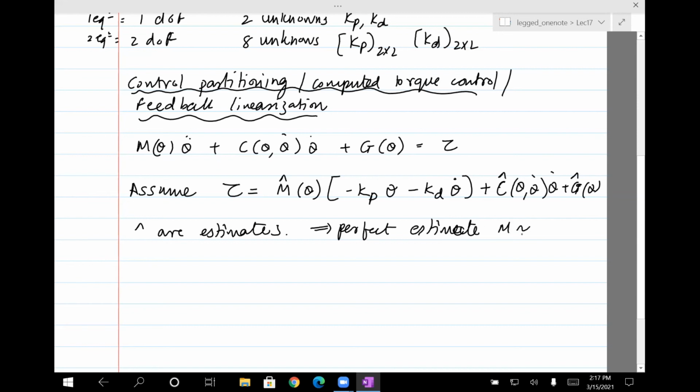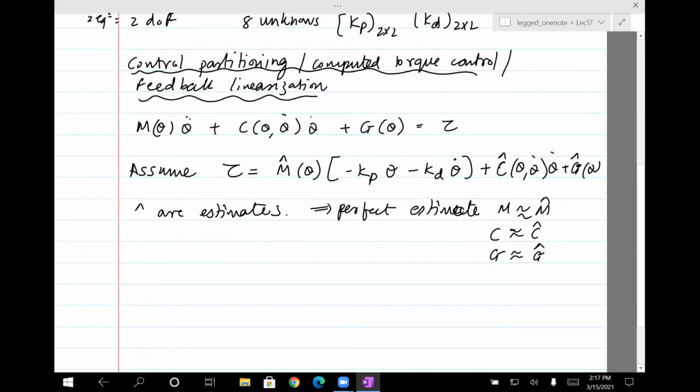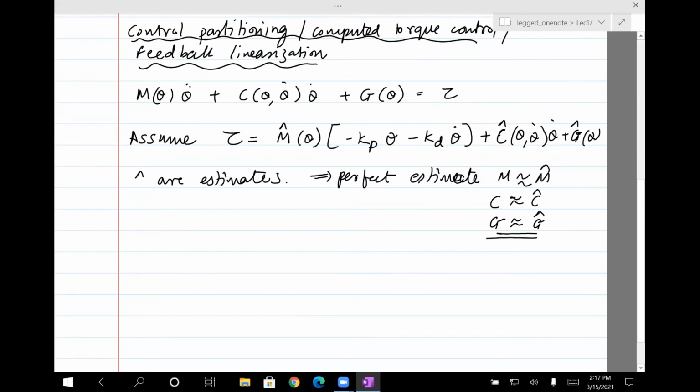Then M is equal to M hat, C equals C hat, and G equals G hat, and the system is perfectly known. So I'll show you what happens if we know the system perfectly. If you don't know the system perfectly, that's where the feedback controller helps us. But if we know the system perfectly, then you'll see that the equations actually reduce to a nice form.